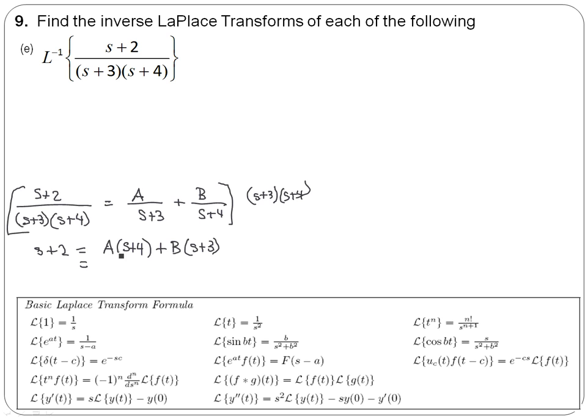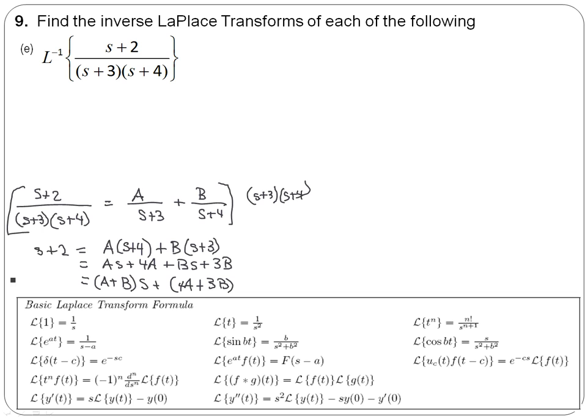So simplifying the right side, I'm going to get As plus 4A plus Bs plus 3B. And then combining like terms, I have (A plus B)s plus 4A plus 3B.